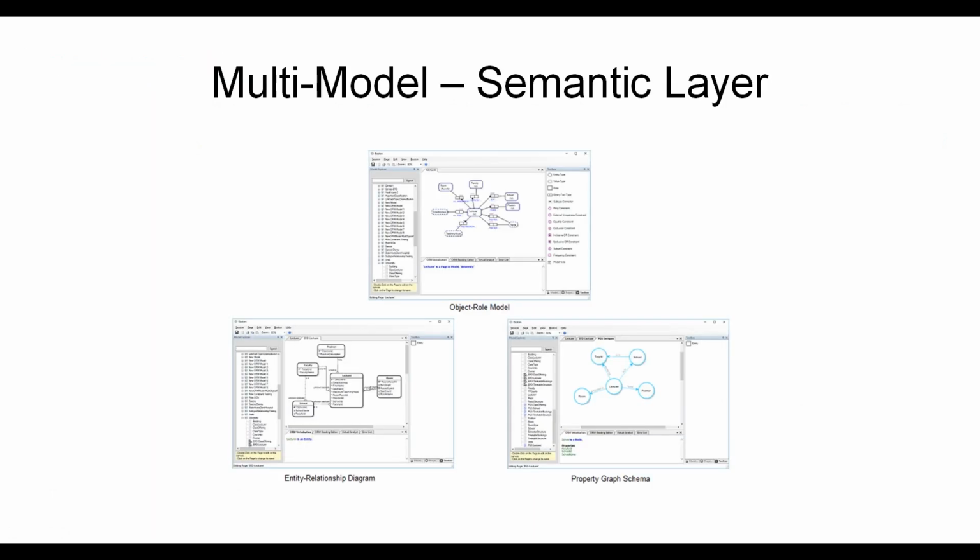We get to view our semantic layer as if it were a multi-model database, which in the 21st century is critical given the types of databases that are on the market, where many databases today support relational models and graph models within the same database.